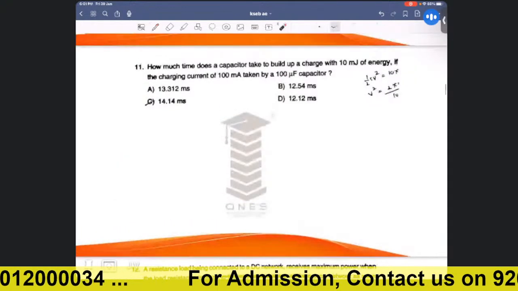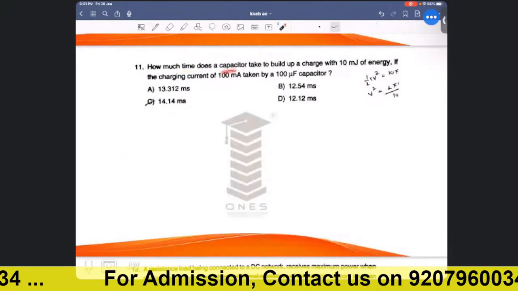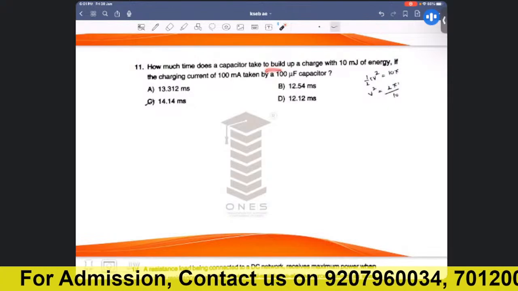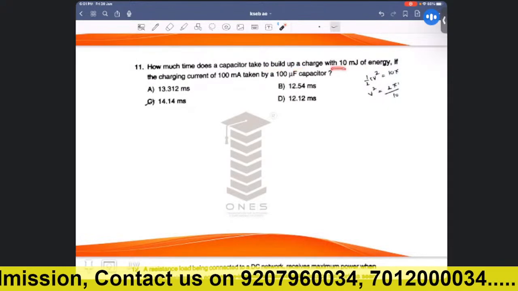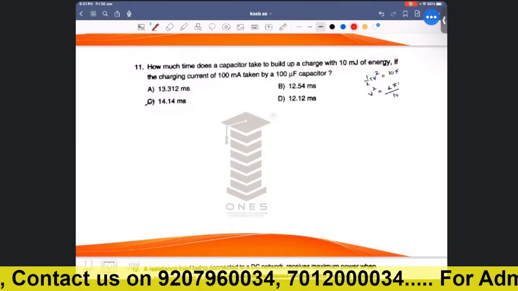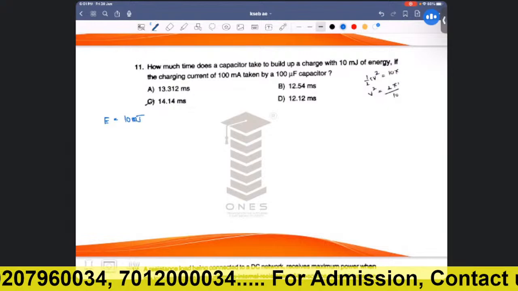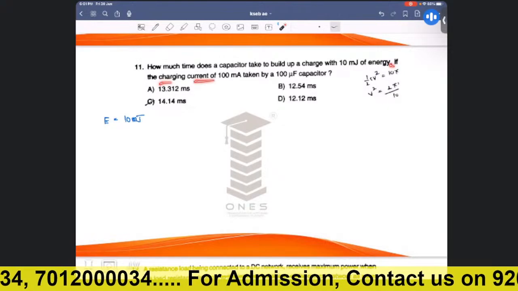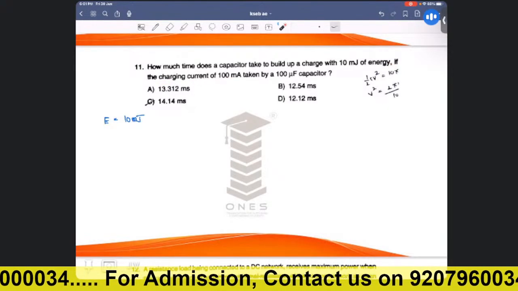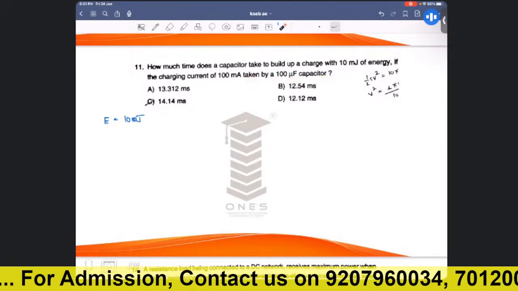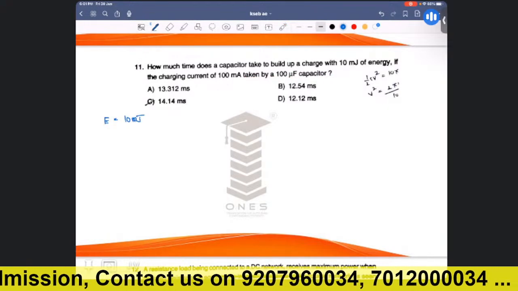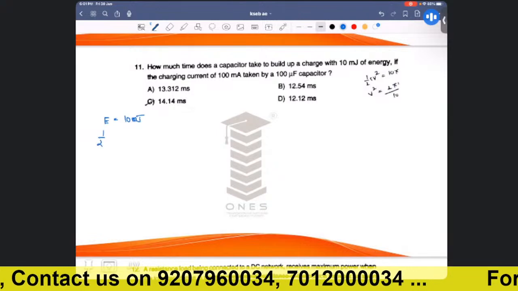11th one. How much time does a capacitor take to build up a charge with 10 millijoule of energy? The energy is 10 millijoule, if the charging current of 100 milliampere is taken by a 100 microfarad capacitor. We know energy is half CV square.